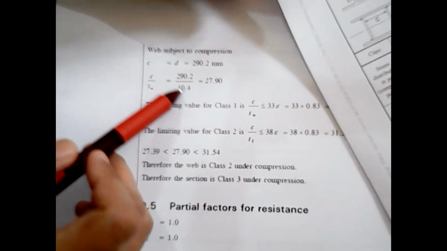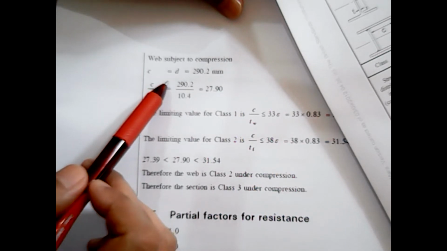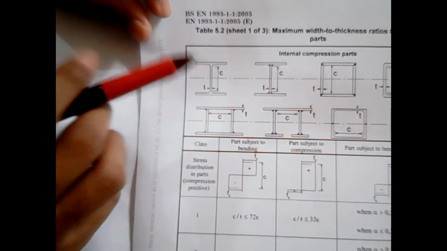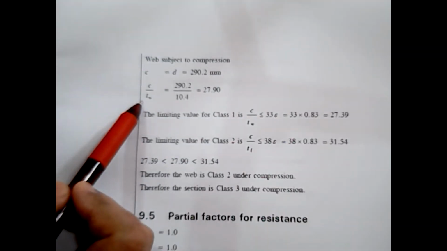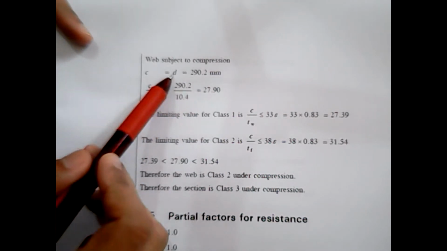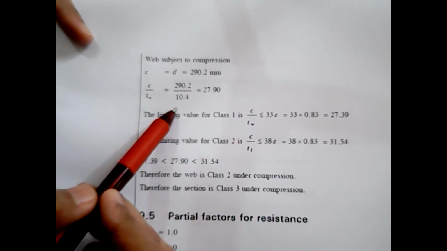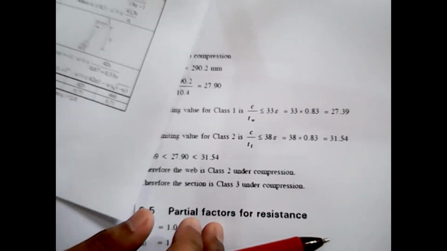Some engineers just take c equal to d, or to be more accurate you can subtract the root radius as well, but both are acceptable. You can also get the c over tw ratio from the section dimensional properties. In this case, d is 292.0 divided by the web thickness of 10.4, which gives a ratio of 27.9.